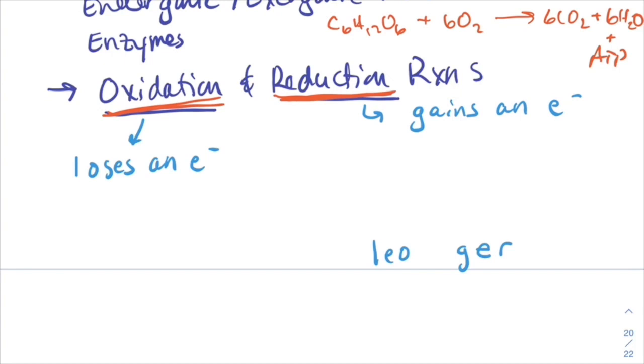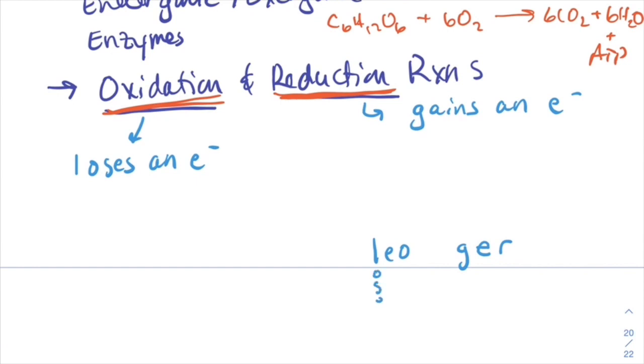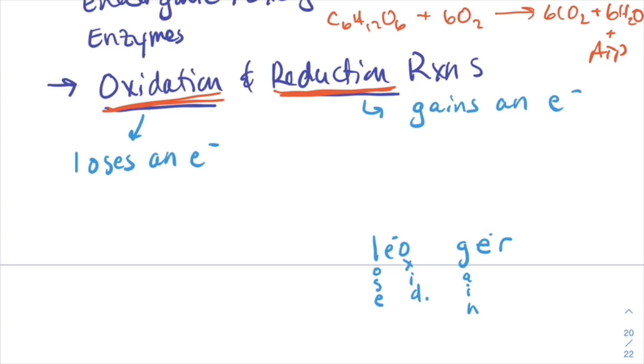This stands for LEO, you lose an electron, it's an oxidation. GER, you gain an electron, it's a reduction. So there you have it. Leo goes grr. If you need to remember this at any point, because trust me, I'm going to be asking you on the next exam, just remember Leo the lion goes grr.